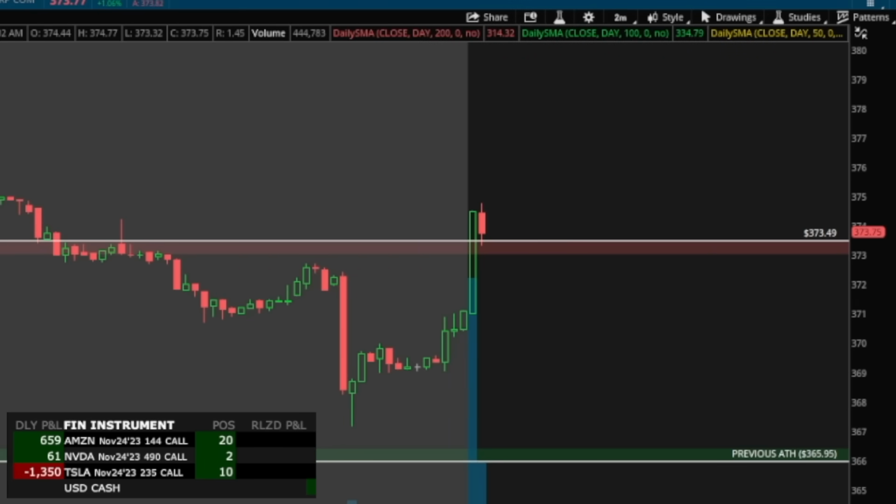Okay, watching Microsoft here. That's a nice 940 hold on the NASDAQ for now. I like this wick on Microsoft. I'm getting very interested here.